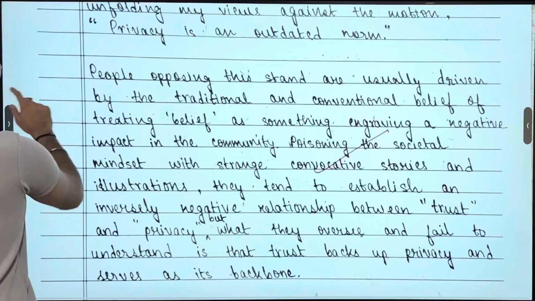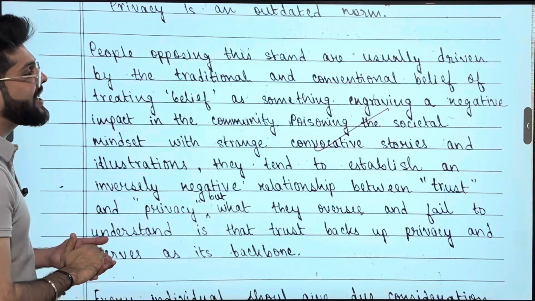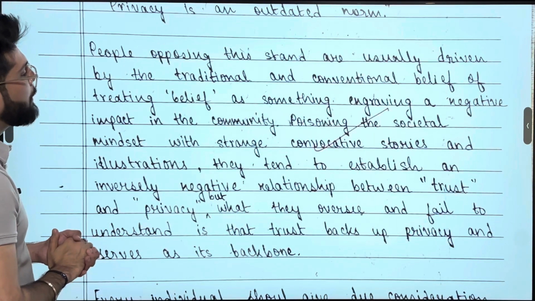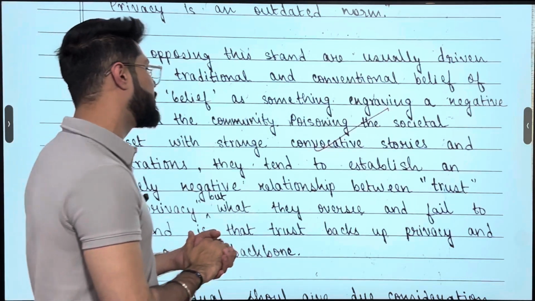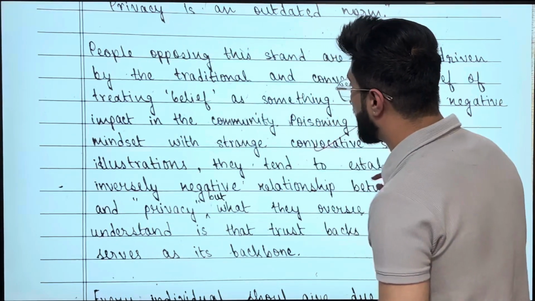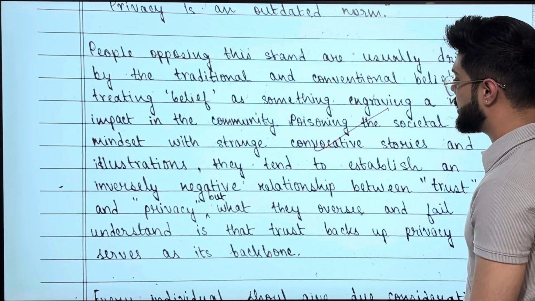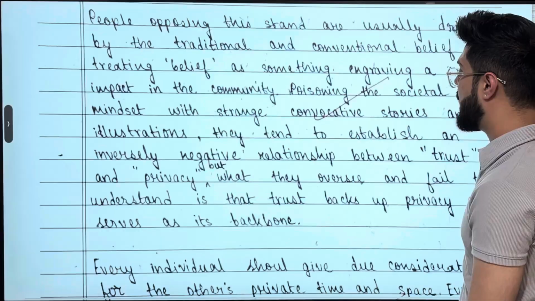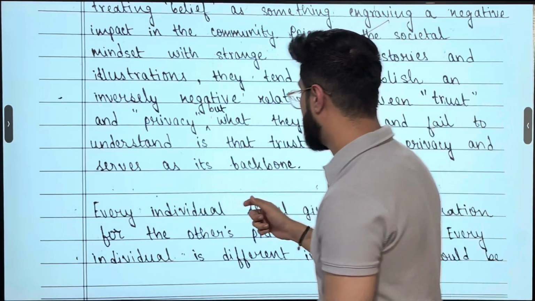Let's take up the points. What is written? People opposing this stand are usually driven by the traditional and conventional belief of treating belief as something engraving a negative impact in the community. Poisoning the societal mindset with strange convocative stories and illustrations, they tend to establish an inversely negative relationship between trust and privacy.